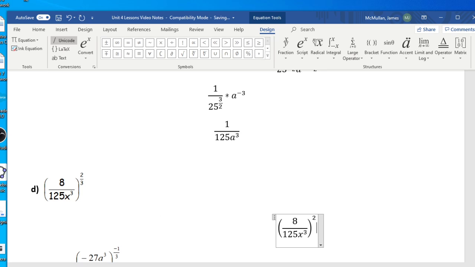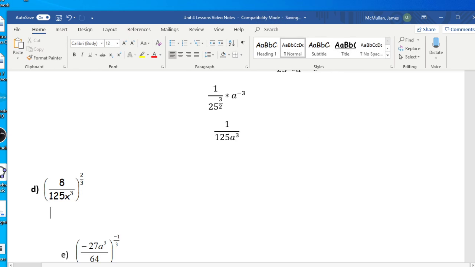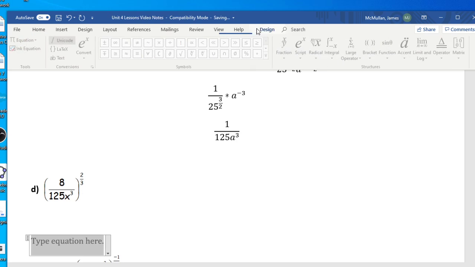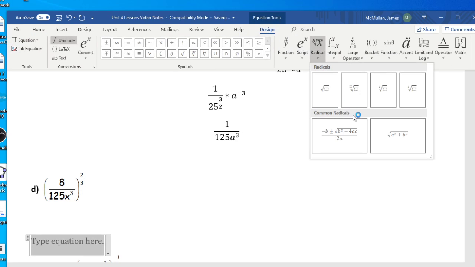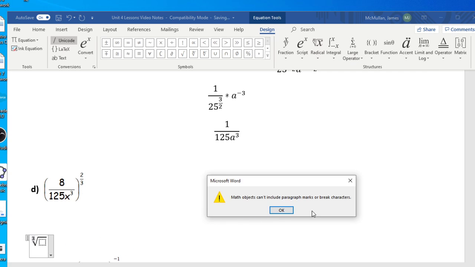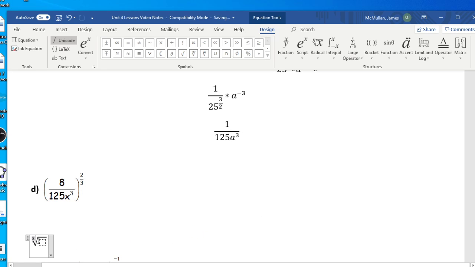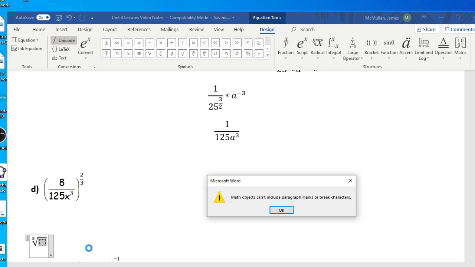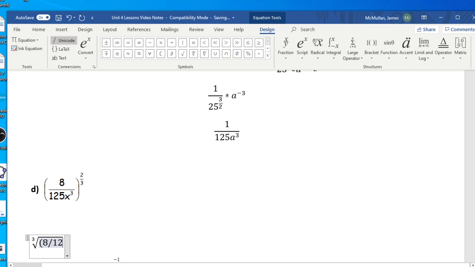Okay, now instead of doing it to the power of 2/3, I'm going to take the entire thing and I'm going to put it in a cube root. Right, because that's what the 1/3 means. It doesn't take too long to type it out again.